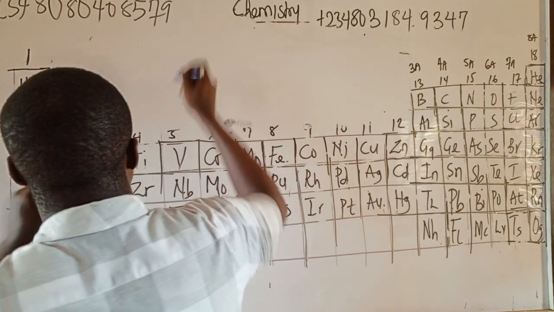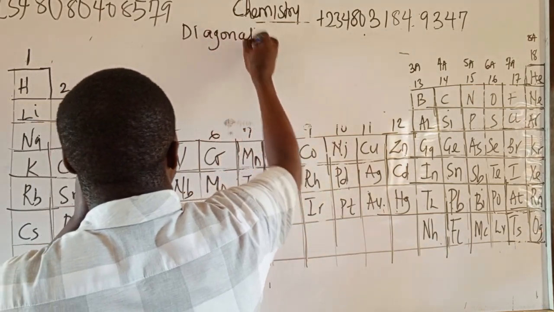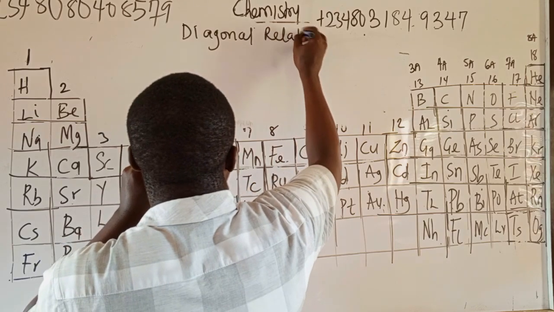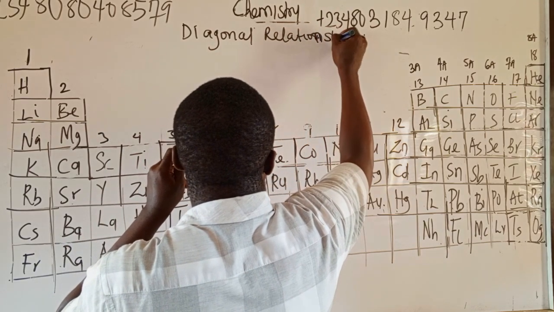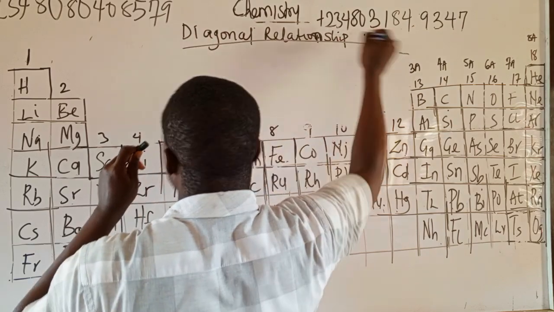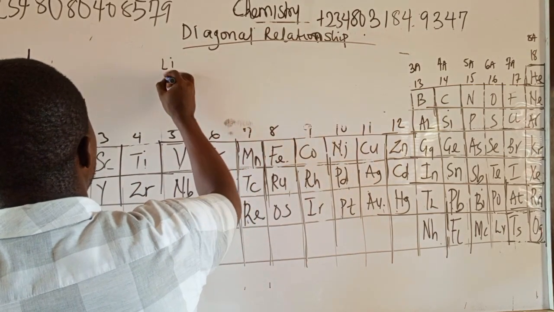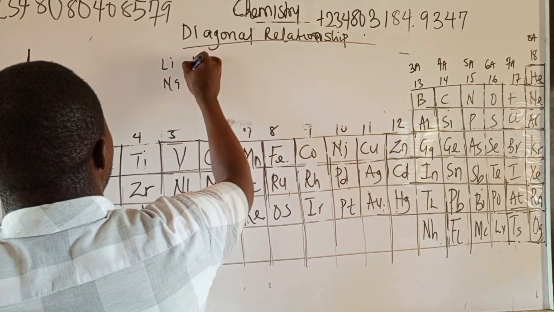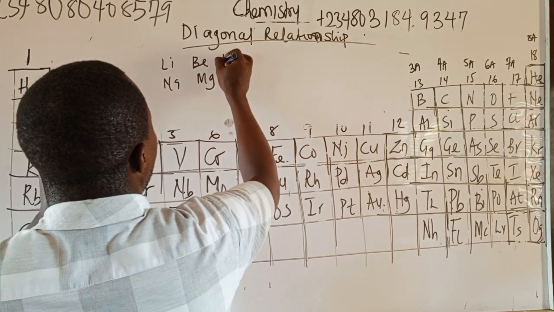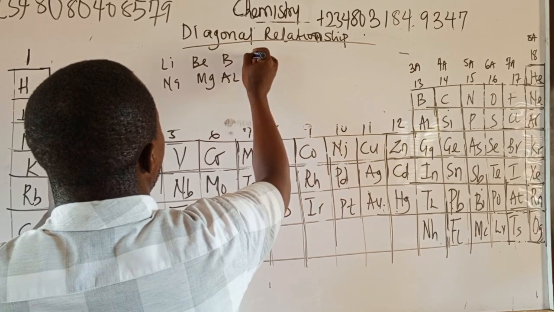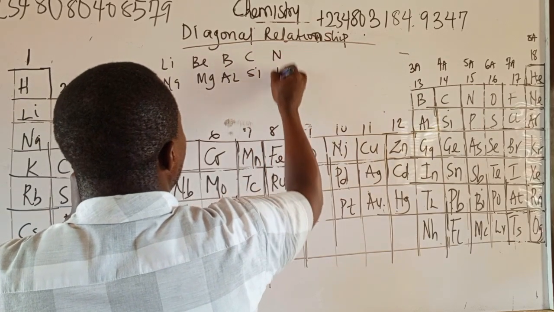Here we have lithium, sodium, beryllium, magnesium, boron, aluminium, carbon, silicon, nitrogen, phosphorus.